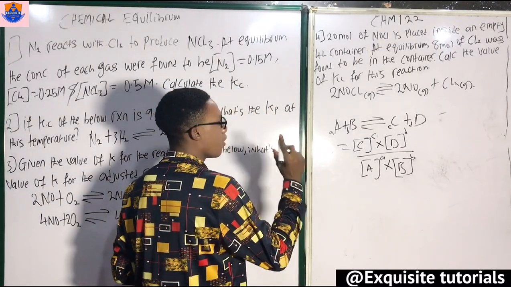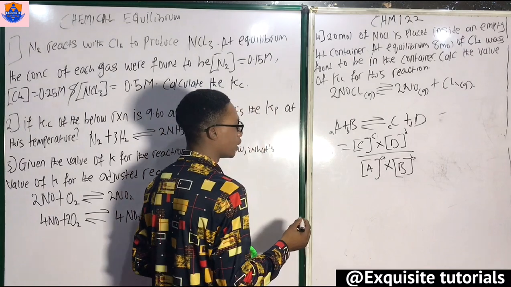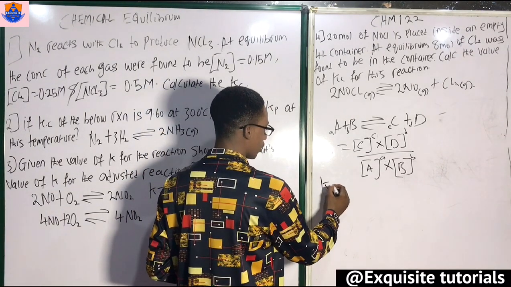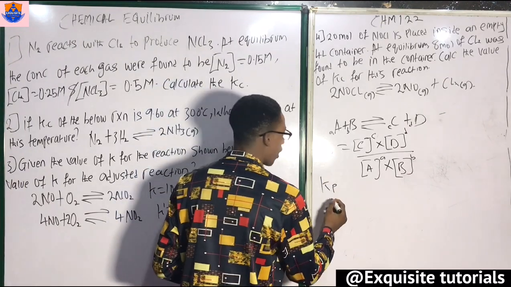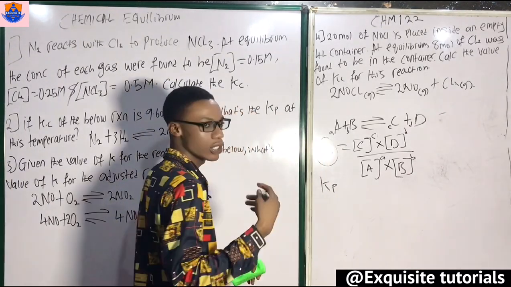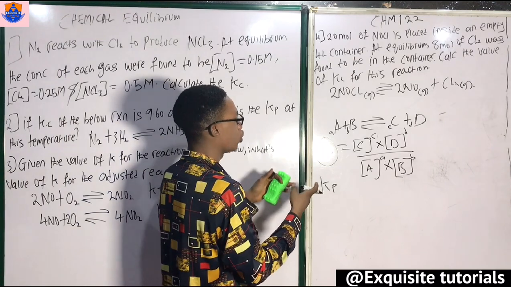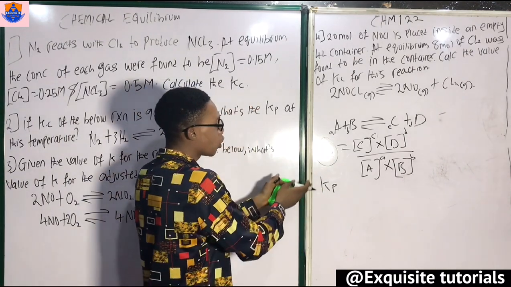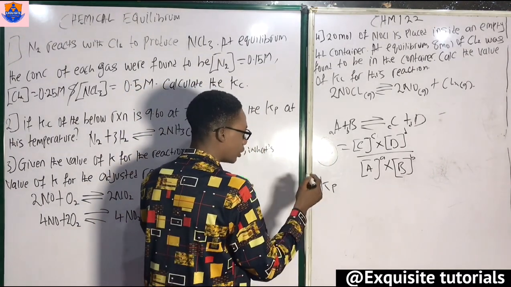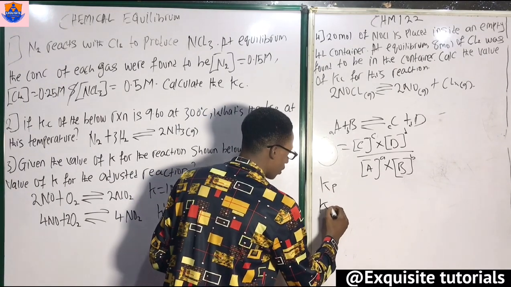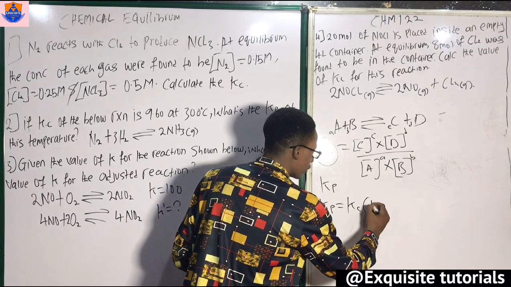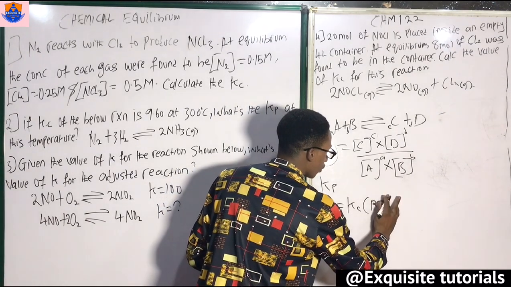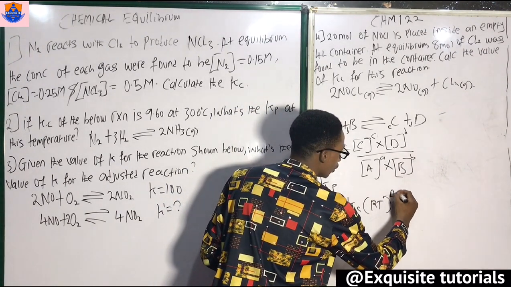Now if you were asked to find the Kp, and you have your Kc already, this is the formula for Kp involving Kc, with the change in n.